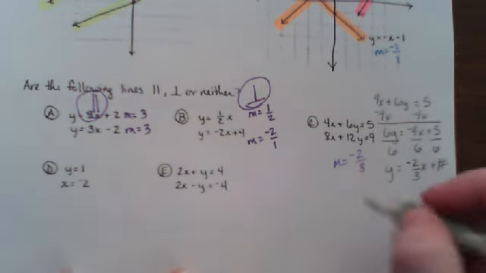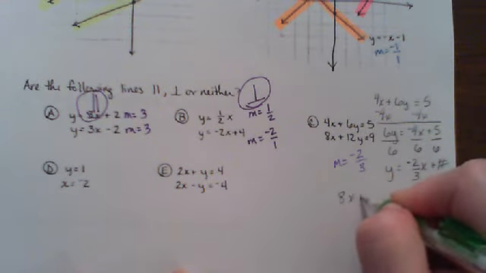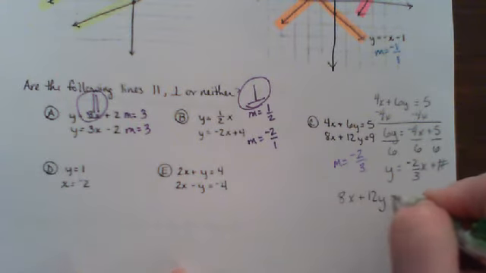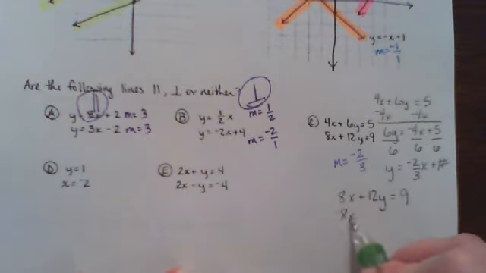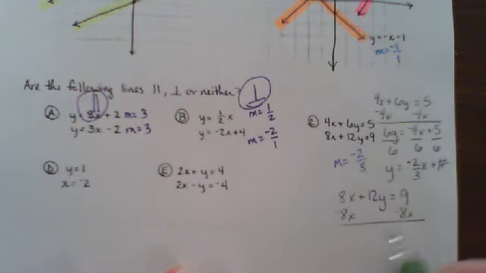For the second one, 8x plus 12y is equal to 9. Gotta get the y by itself. Divide everything by 12.